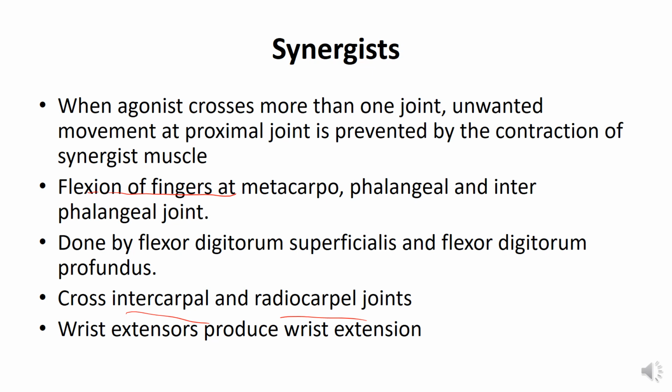Now these muscles produce the flexion of the fingers. Now the extensors present at the wrist joint act as synergists to stabilize the wrist joint so that these muscles can act as flexors of the fingers.